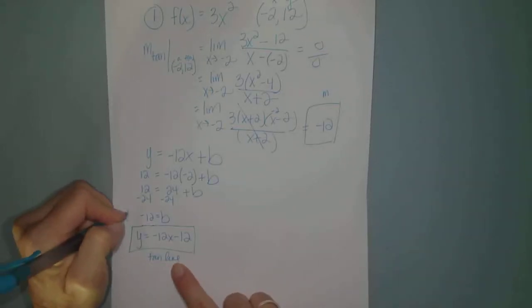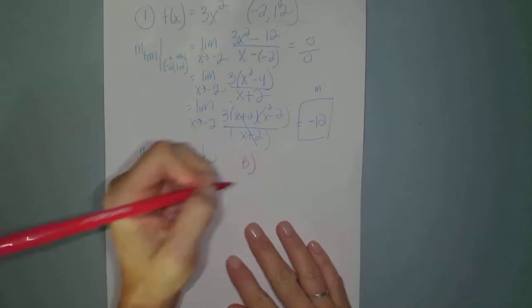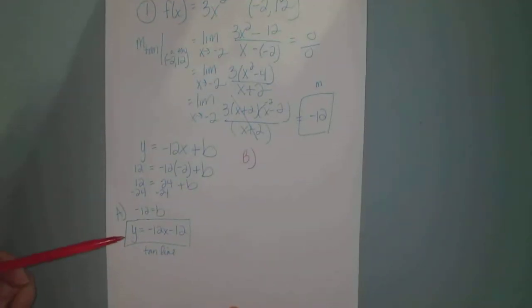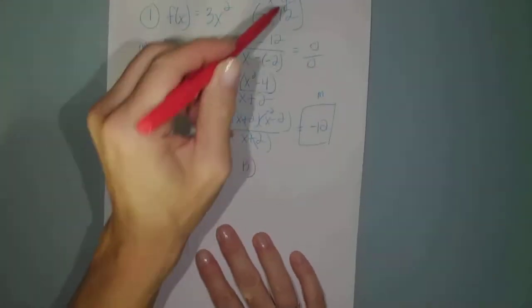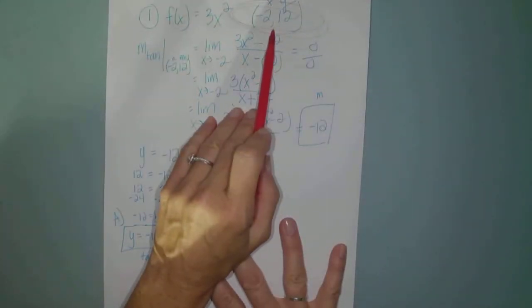So this is part A. Now, part B wants me to write the equation of the normal line. Okay, so definition: the line perpendicular to this line at the point of tangency. So we're still going to use this point.